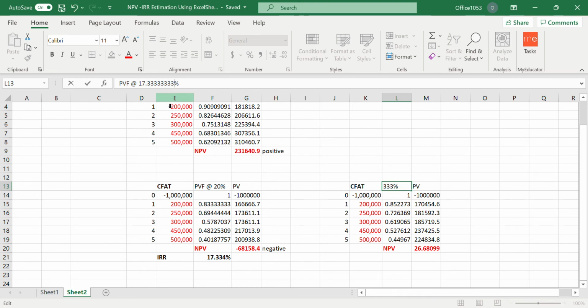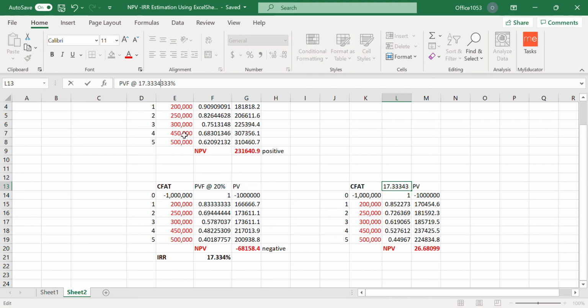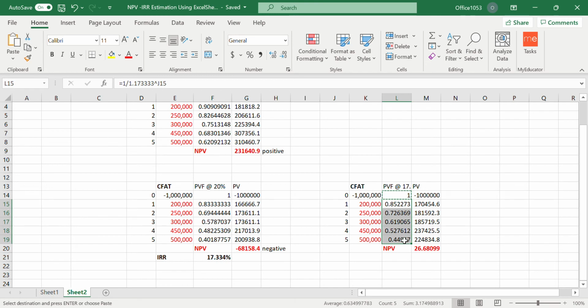If you take, suppose, say this, fine. So this means if you take the discount rate as 17.334% approximate, and I change it here, NPV would be approximated to almost 0.